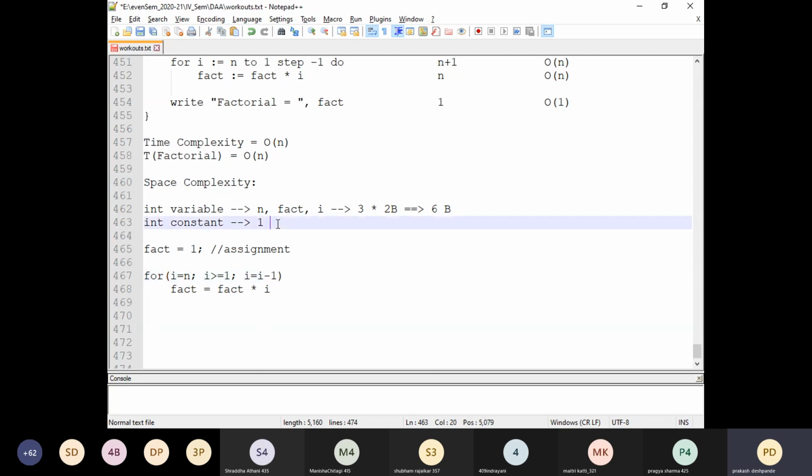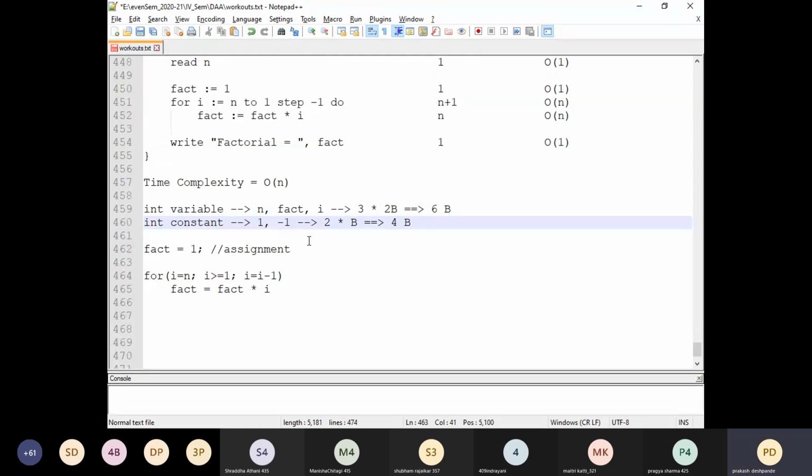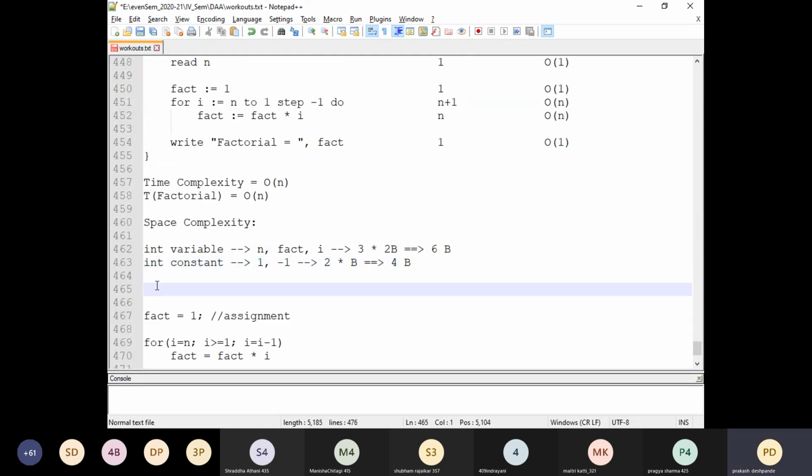So the first constant was 1 and the next constant was minus 1, and both these data types are integer, so I named it integer constant. For these two integer constants, we require 2 bytes of memory each, so a total of 4 bytes of memory is required for the constants. Overall, how much space is required now?